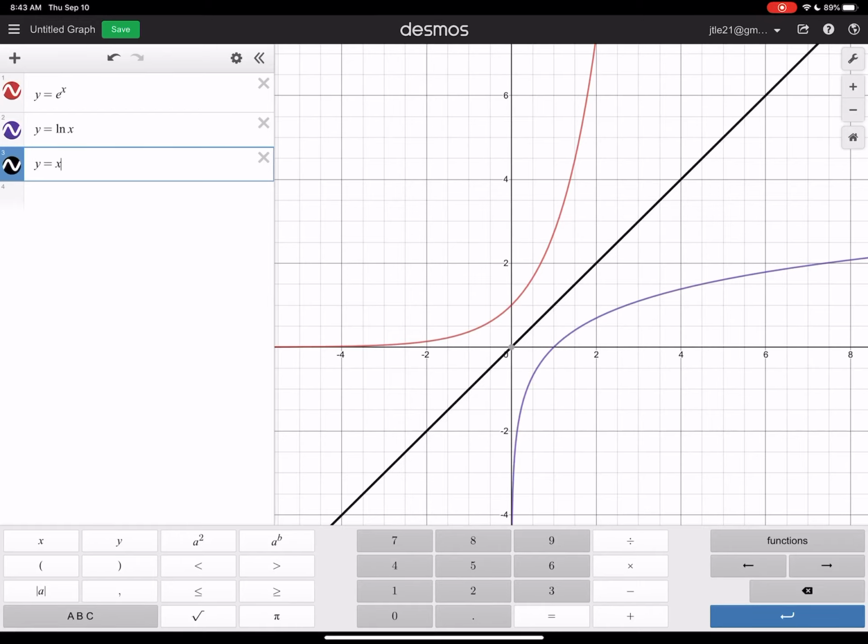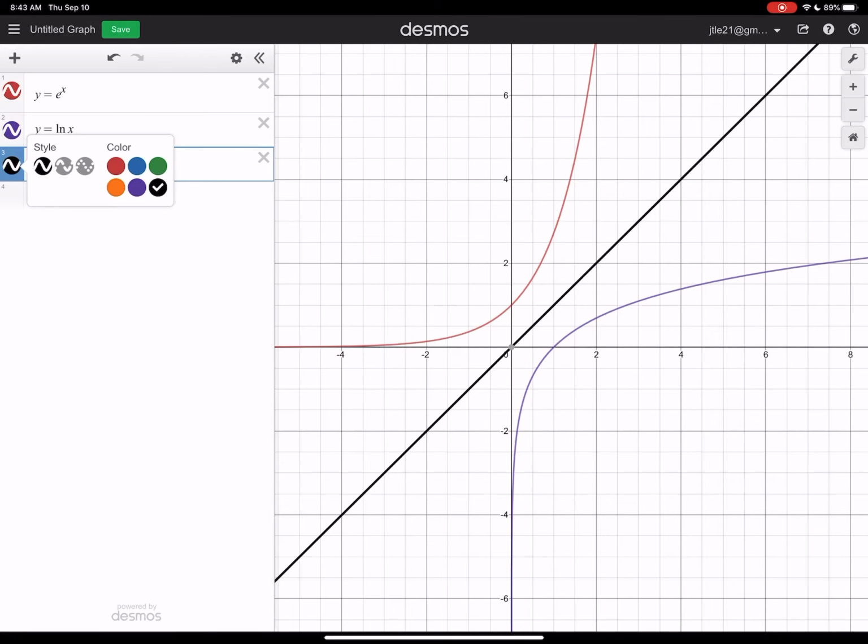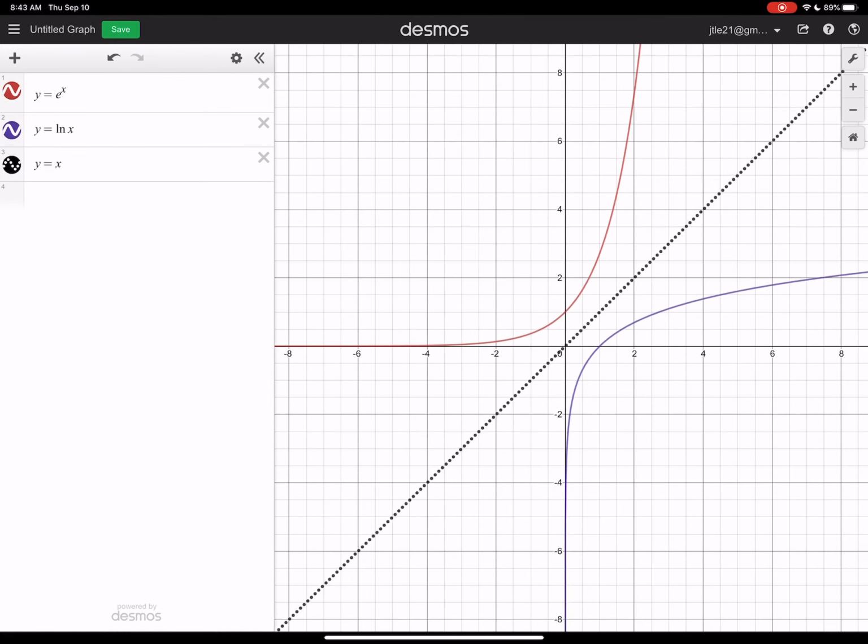So if you notice right there, that red and that purple graph are perfect mirror reflections of each other when you reflect across y equals x. So the significance of y equals x is what happens when you compose one function with the other. That x that you get at the end is the mirrored reflection.